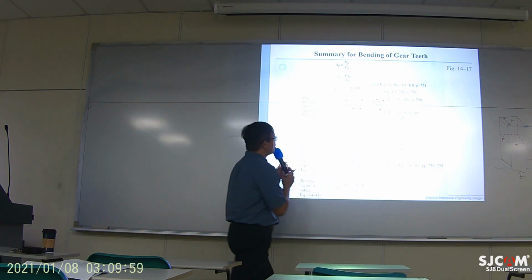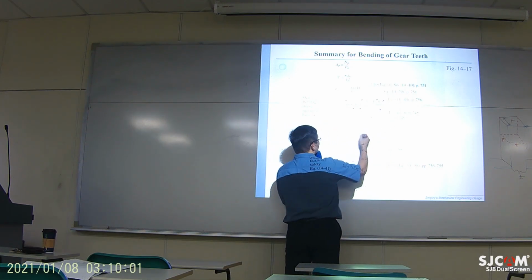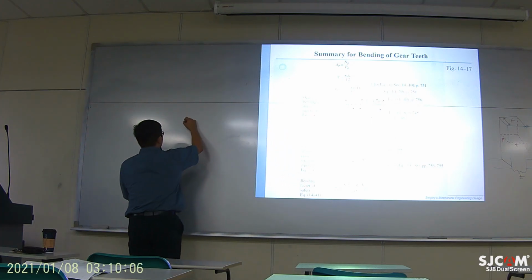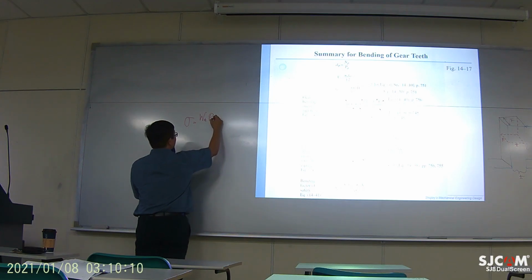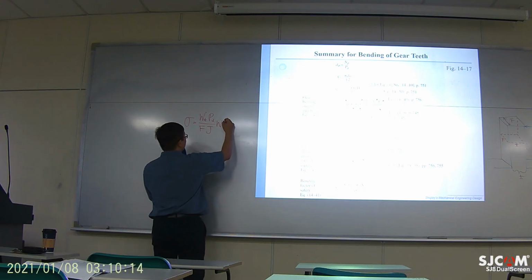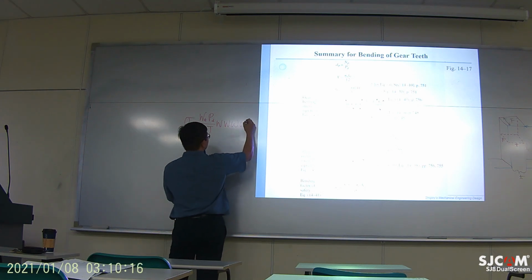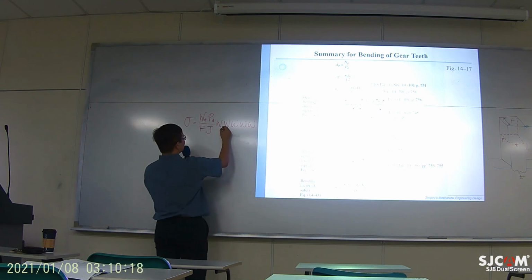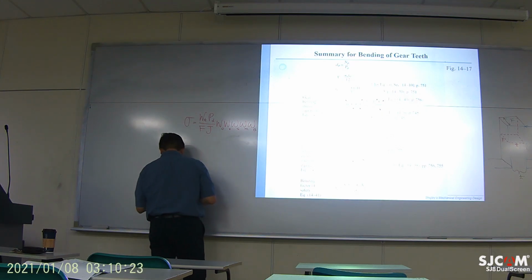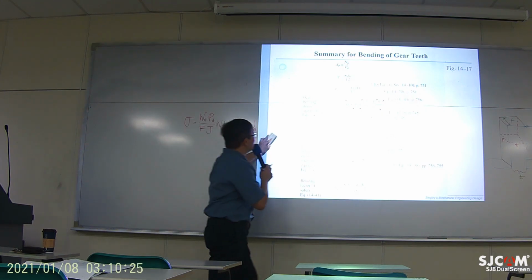We already talked about the factor of Kv. Let me write it down right here. So basically, we have Wt, Pd, F, J and five Ks. We will go through them one by one.